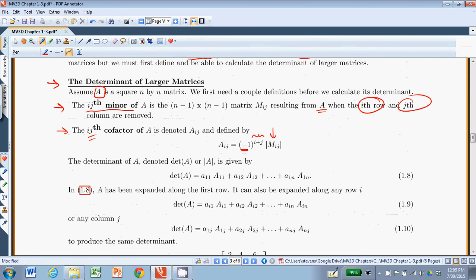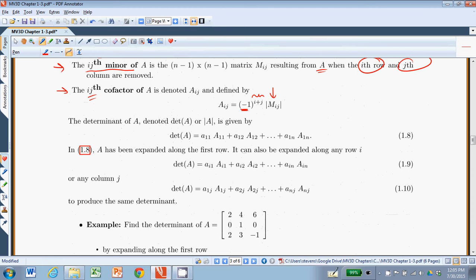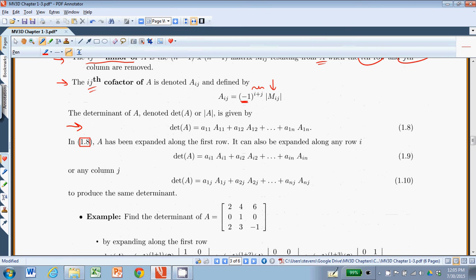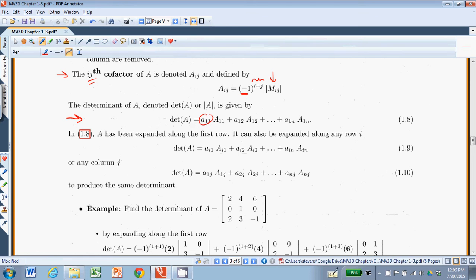We'll first show this in terms of expanding across the first row. I take the first term in my matrix A, A1,1, and multiply it by the cofactor, which is the determinant of the matrix that's remaining times -1 to the 1 plus 1.